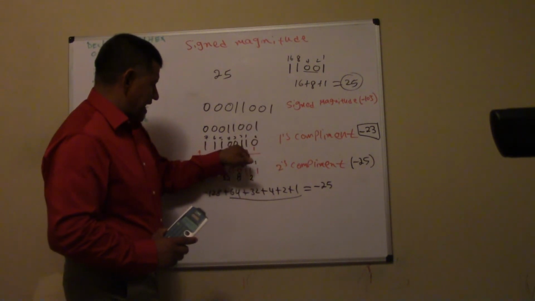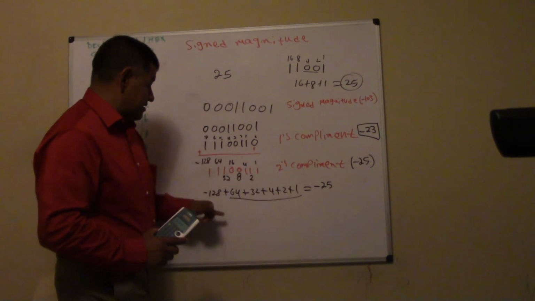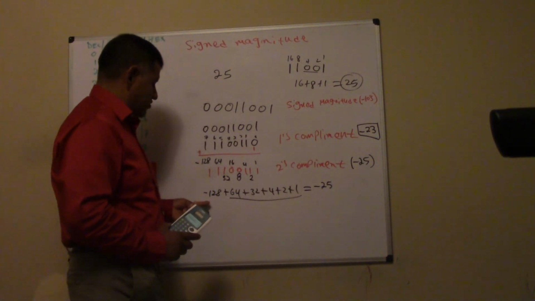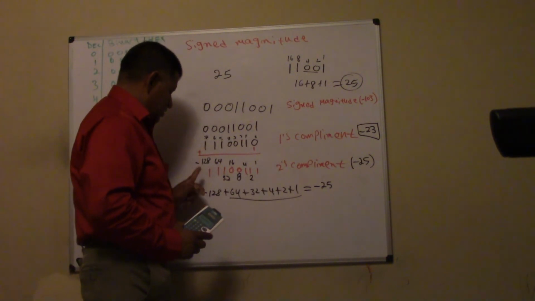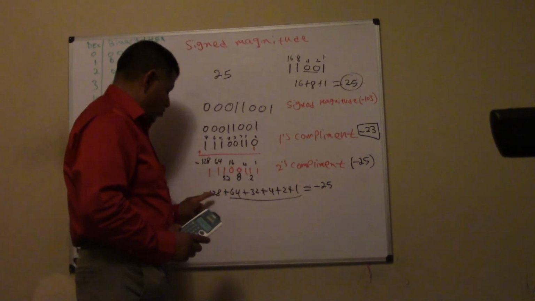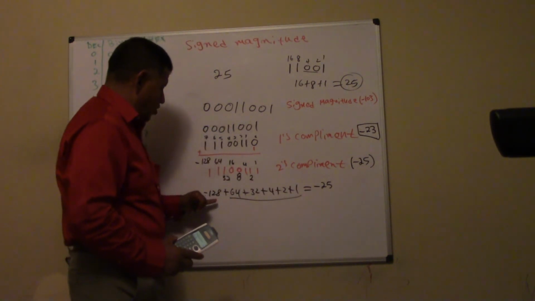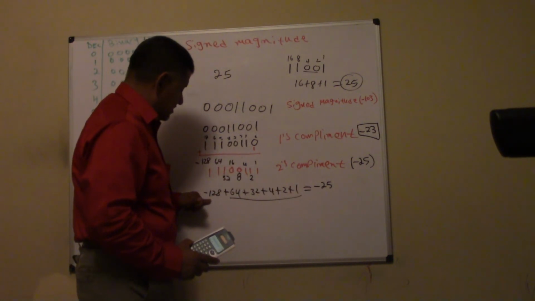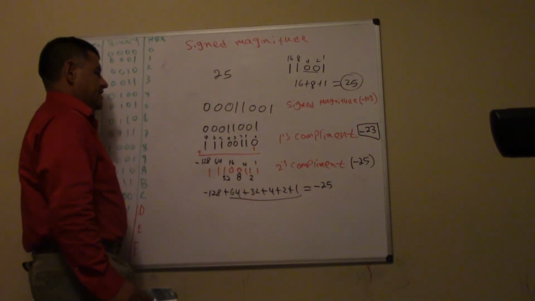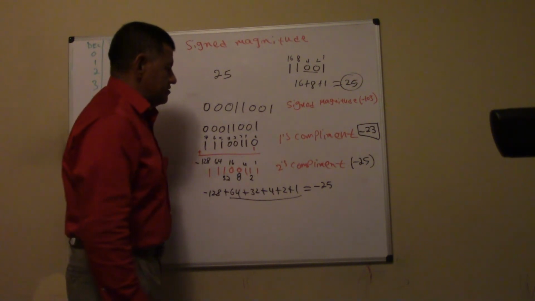Step 2, add 1 to get the 2's complement, and then step 3, you can show that this answer is correct because this represents the last bit to the left, 128. You add all the positive numbers to negative 128, and you get a negative 25.